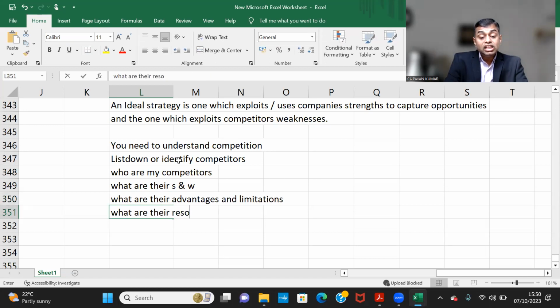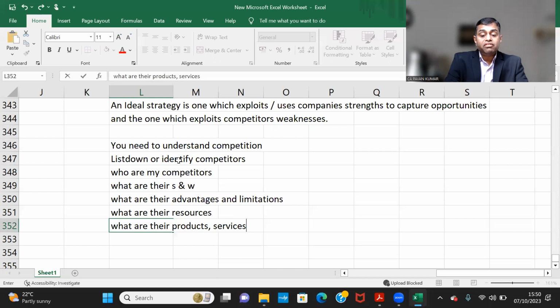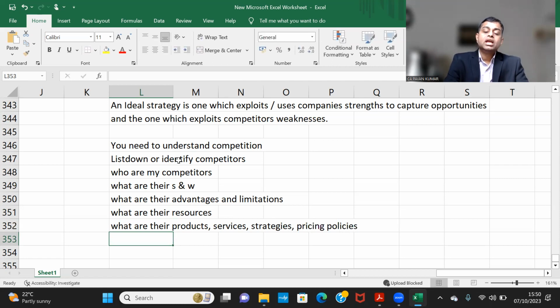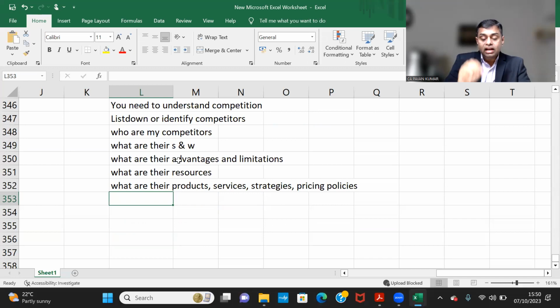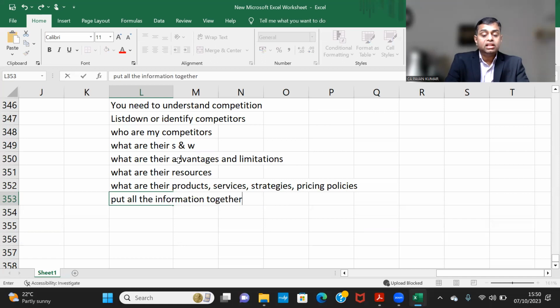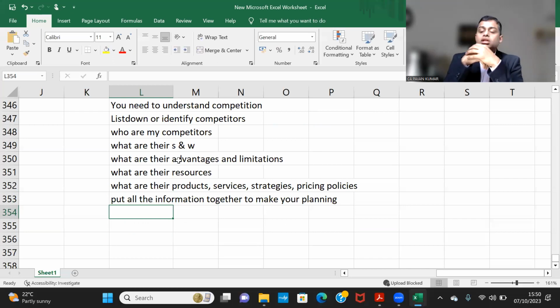What are their resources? What are their products, services, strategies, pricing policies? What is their approach? And then put all the information together to make your plan.